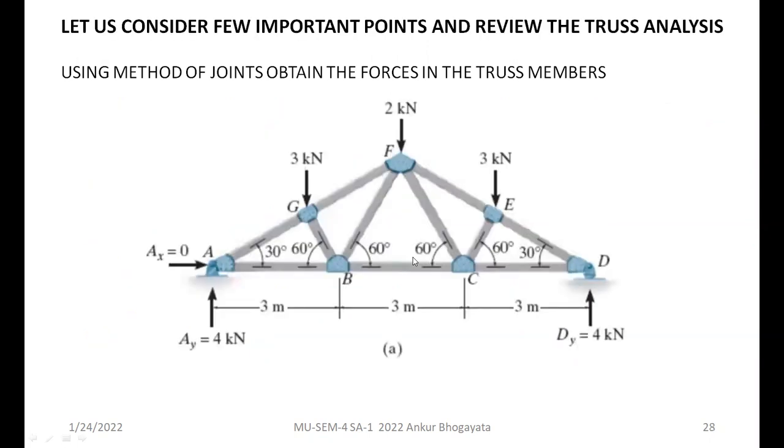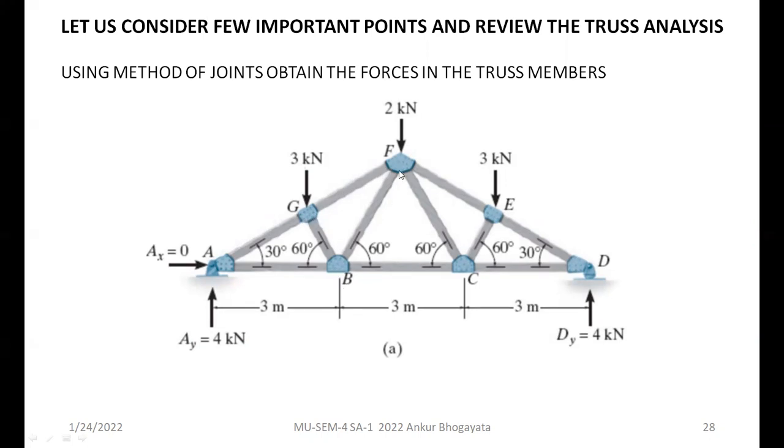Here we are talking about analyzing joint G, right? So let's go to the joint G and try to analyze the rest of the unknown forces like GF and GB, because these two are now well known. The only thing is you just need to obtain GF and GB.